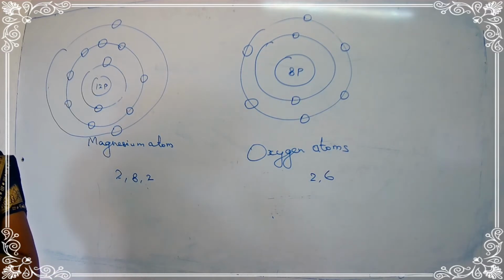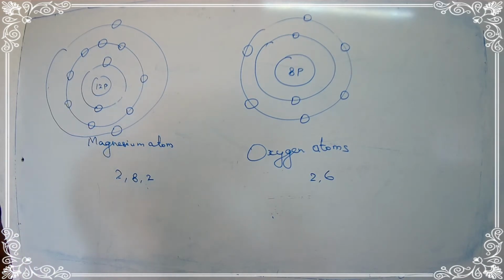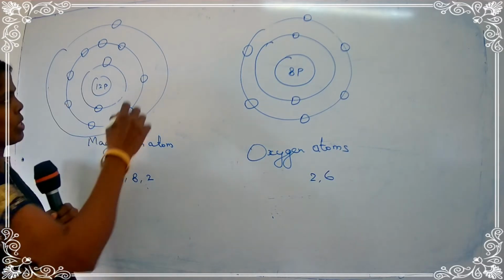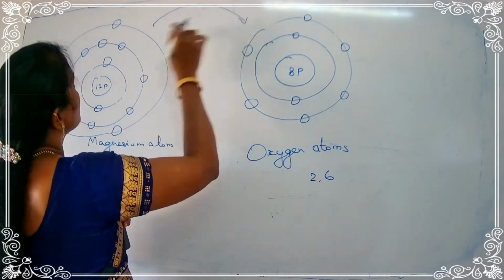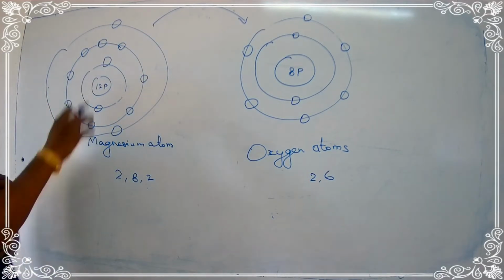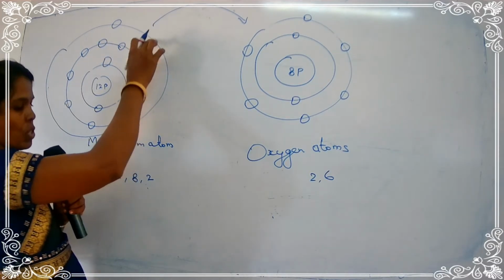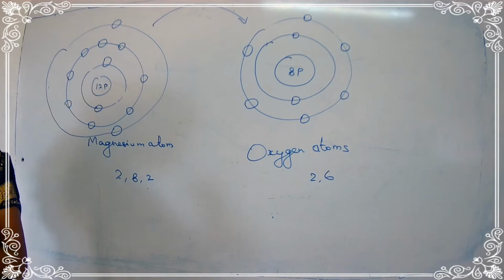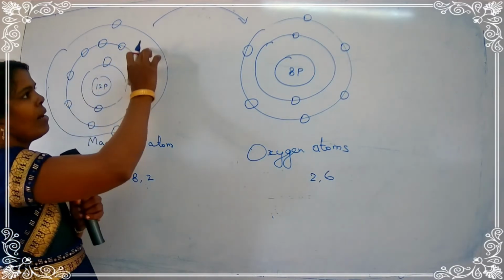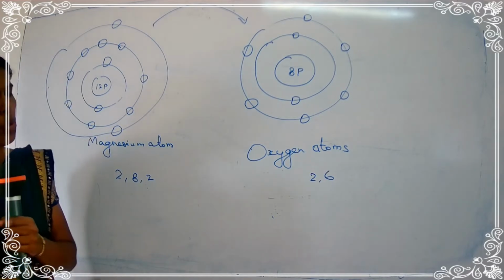Now you see, this electronic configuration is 2, 6. So it gains 2 electrons from magnesium and thus becomes stable. The 2 outermost electrons from the third shell of magnesium are transferred to oxygen. Therefore the third shell has 2 electrons, and this is the outermost shell.